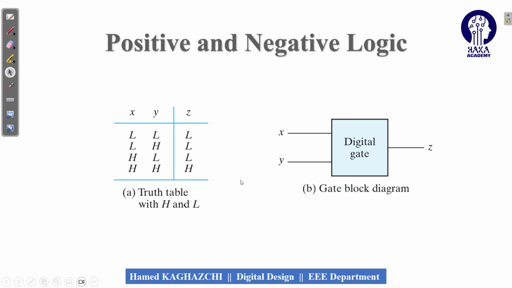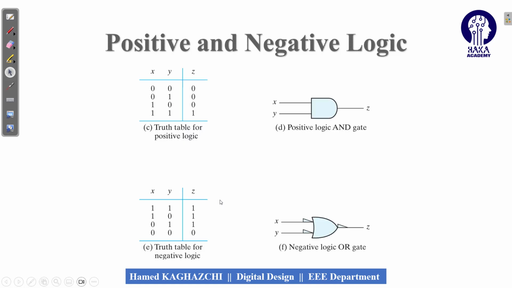Now the question is this: can I convert this positive logic, this AND gate, to the negative logic? Yes, we can do it. How can we do it? Using this concept. If all of the 0s are converted to 1 and all of the 1s are converted to 0, you can find the truth table of the AND gate in the negative logic.